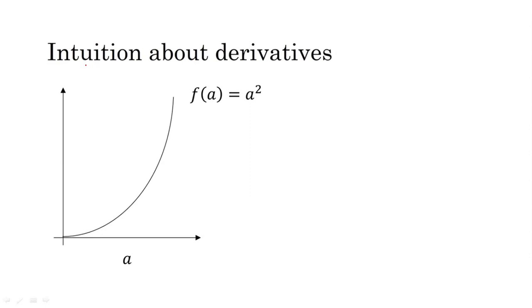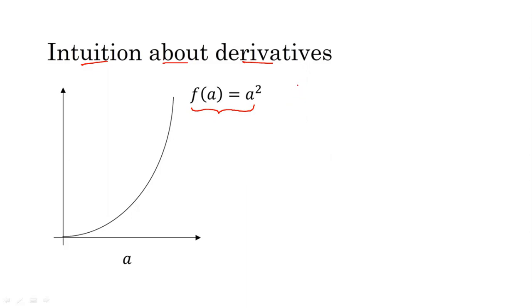In this video lecture also we are gaining the intuition about derivatives, and this is the function we are taking into consideration: f of a equals a square. This is a quadratic function. Now suppose we take some random values of a.